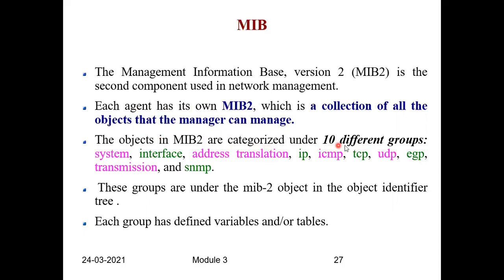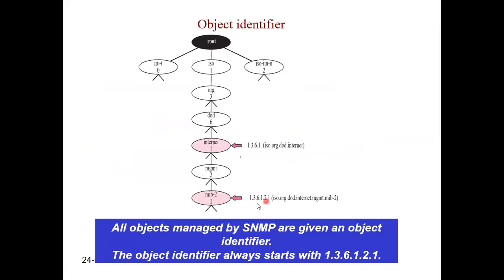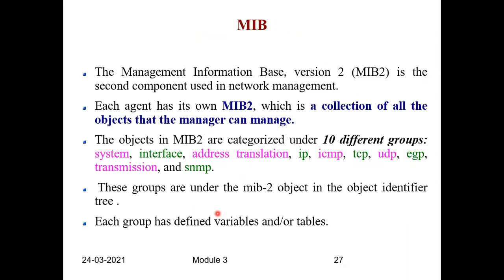Now, what are these 10 different groups? I'll show this diagram again. We reached MIB2 here. After MIB2 it is not just 2 lines; there are 10 different things which your MIB2 can handle. The tree diagram won't fit here.